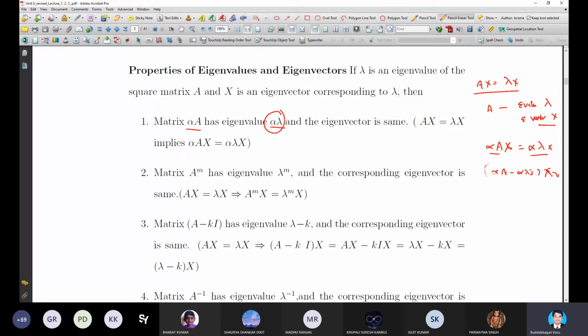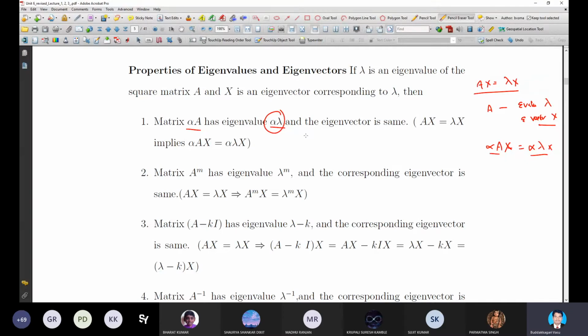If a matrix A has eigenvalue lambda and corresponding eigenvector x, then alpha A has the eigenvalue alpha lambda, and the matrix A power m has eigenvalue lambda power m.